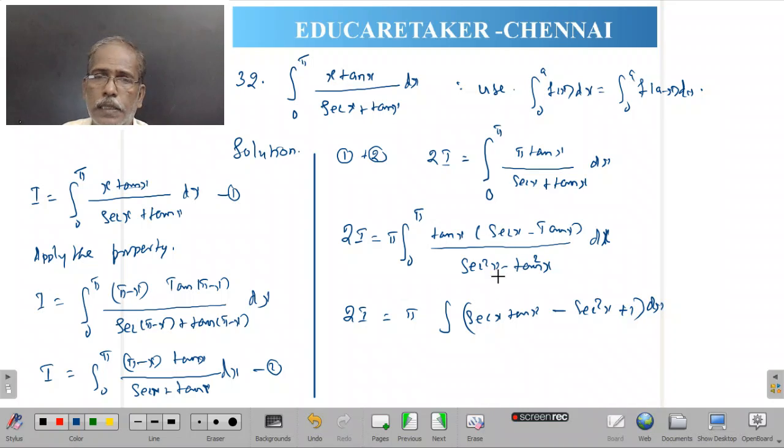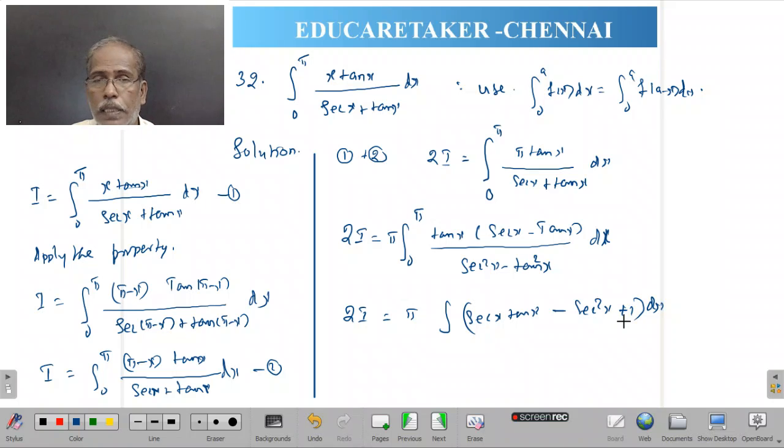Tan x secant x: secant x tan x is the derivative of secant x. So the integral of secant x tan x is secant x. The integral of secant square x is tan x, because the derivative of tan x is secant square x.